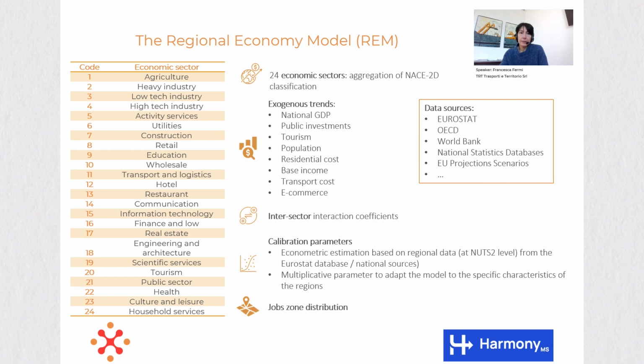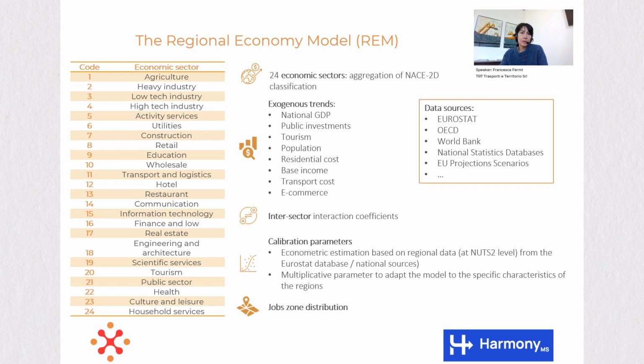Here you can see some details related to the data segmentation and calibration of the regional economy model. The model accounts for 24 economic sectors defined as aggregation of two-digit nomenclature of economic activities classification. 8 exogenous trend variables are influencing directly the projections estimated by the model.